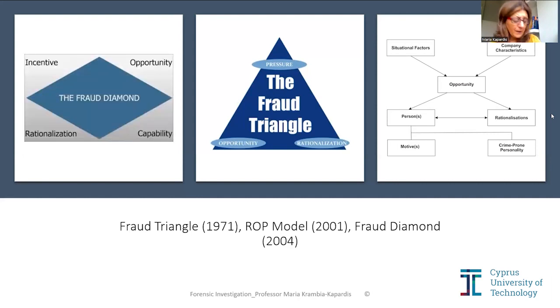In 2004, another model was put out by Wolfe and Hermanson, arguing that you also need capability. The person must have the capability to recognize the open doorway as an opportunity and to take advantage of it by walking through, not just once, but time and time again. The missing correlate in the fraud triangle has been the person, the corporation, and the community.